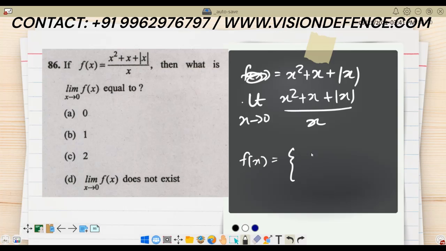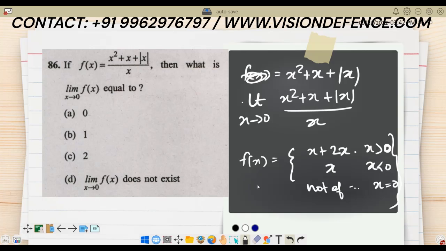So f of x is going to be x plus 2 if x is greater than 0, and then just x if x is less than 0. Right, so both cancel and then x, and then not defined if x is equal to 0. Suppose this is a discontinuous function, so the limit does not exist.